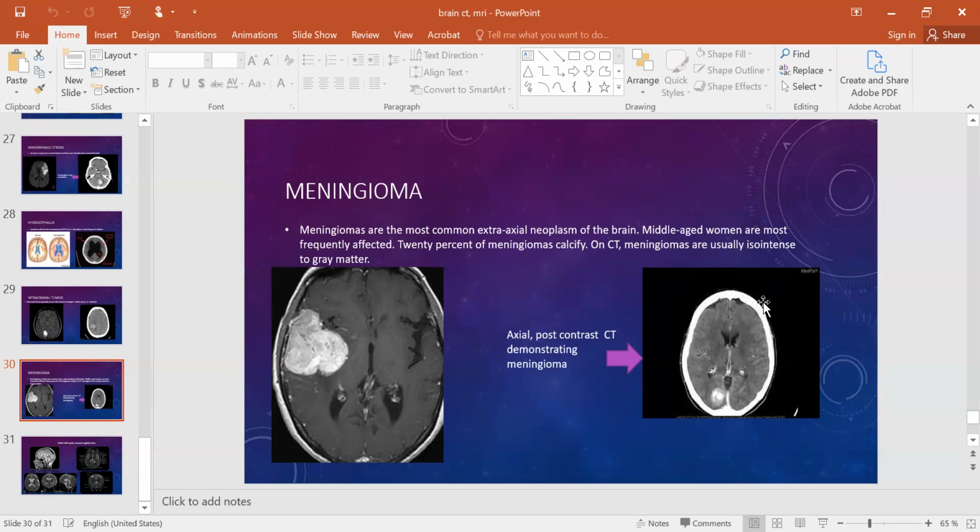And here we see post-contrast CT, so intravenous contrast. Here intravenous contrast material was used, and we see a high density mass in the occipital lobe of the brain.